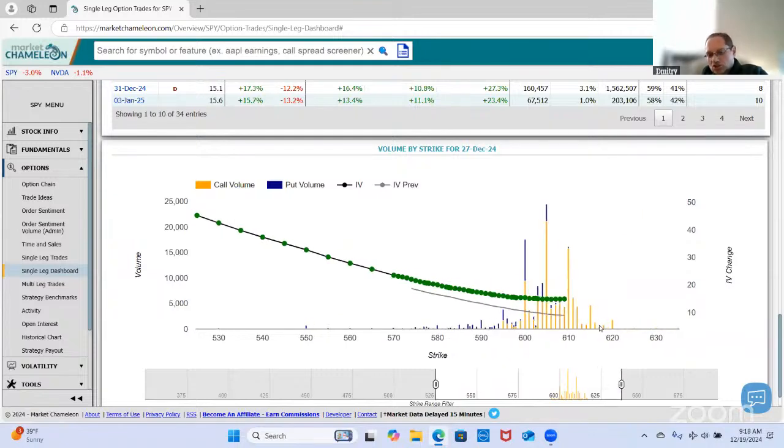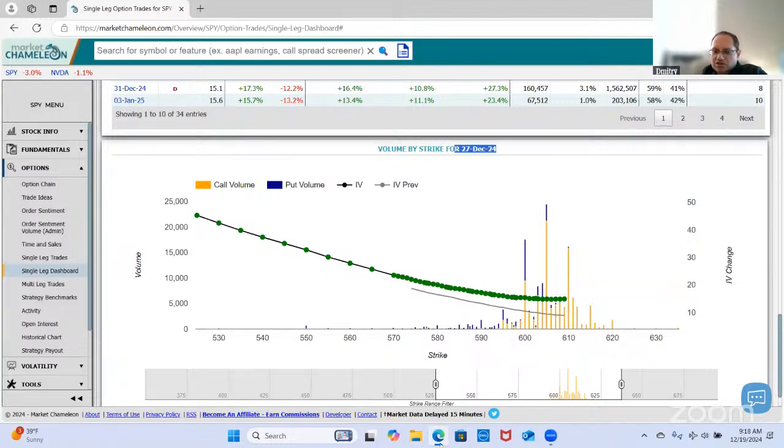Okay, and what this shows us is the December 27th expiration, and we see the trading volume in the bars. So there's a pretty decent amount of trading in this expiration. The yellow bars show us the amount of contracts traded by each strike in the calls. The blue stack on the same strike is how much volume traded in the puts. So a lot of trading in the call volume here.